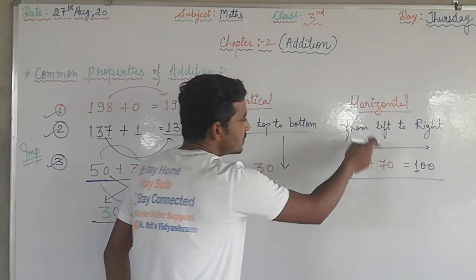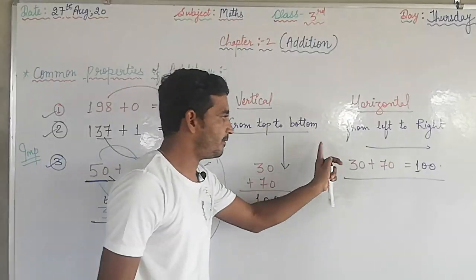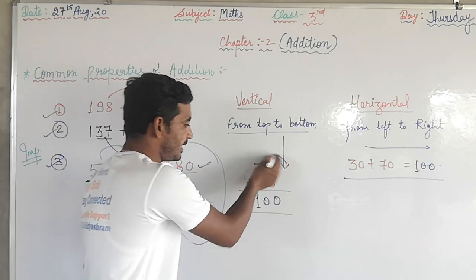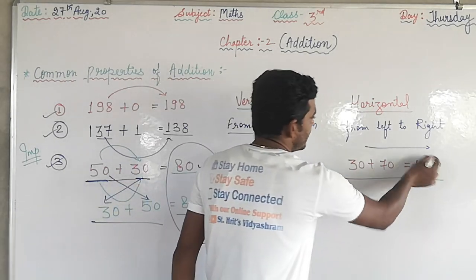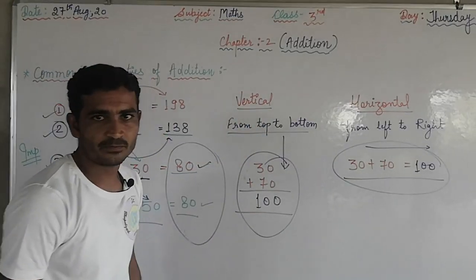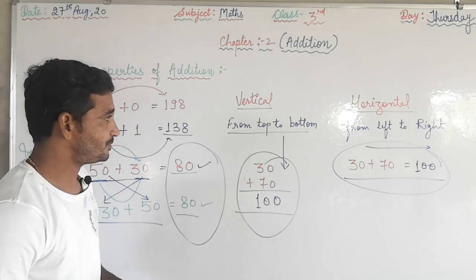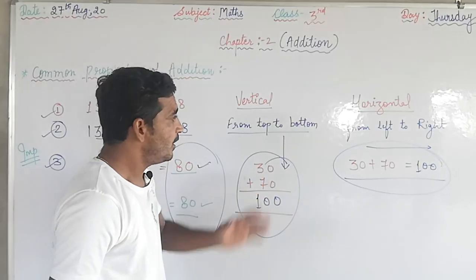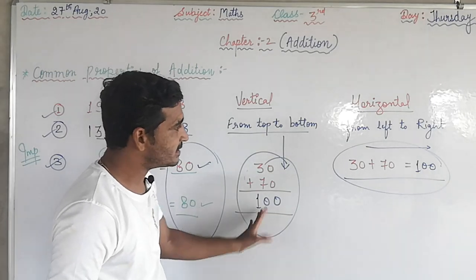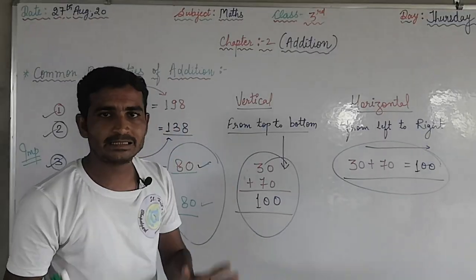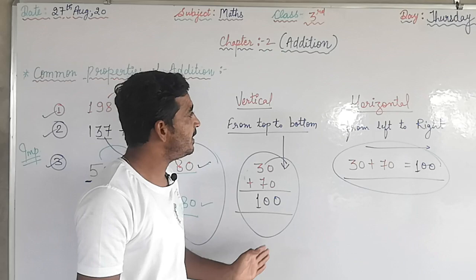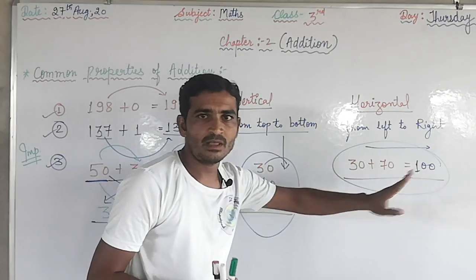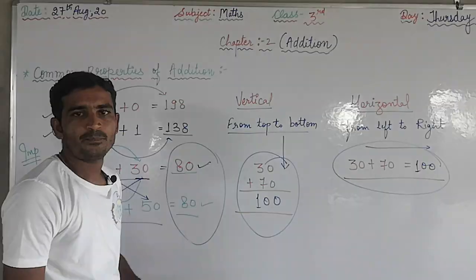This is the horizontal way, and this is the vertical way. Okay, in vertical we arrange the numbers like this, and in horizontal we arrange the numbers like this. Okay beta, clear na? Now if we analyze, the answer will be the same, whether in the vertical or the horizontal pattern. The answer will not be affected.